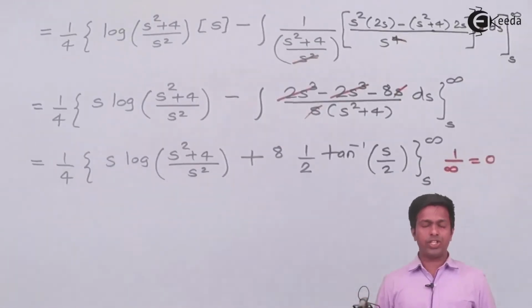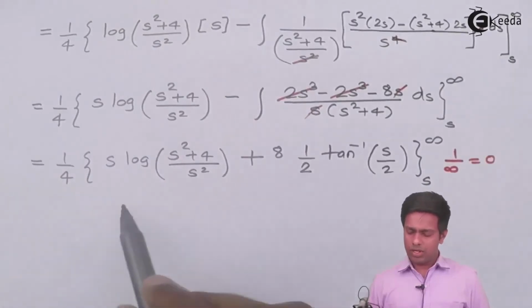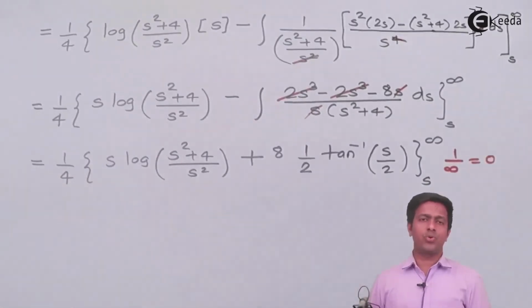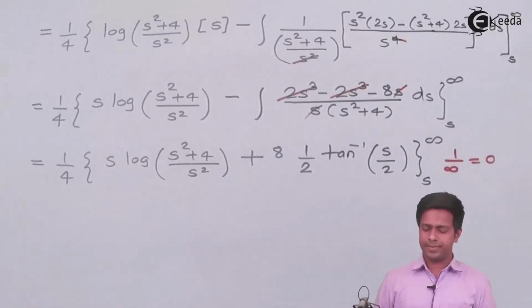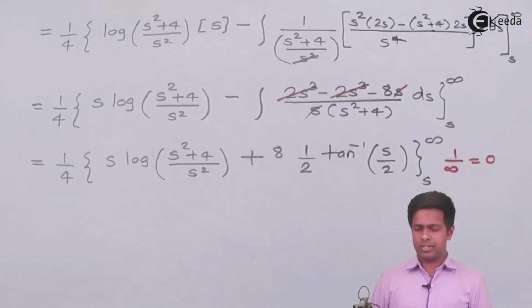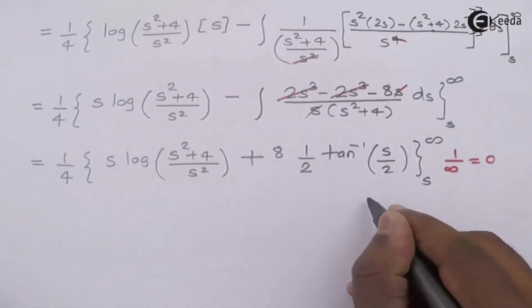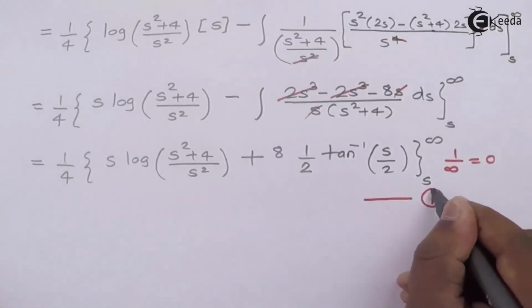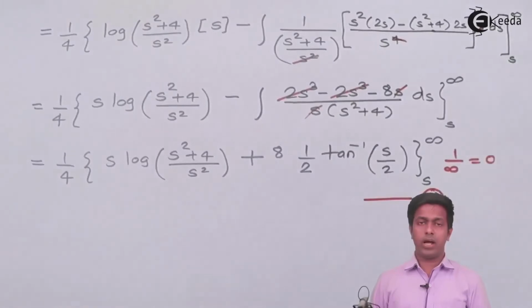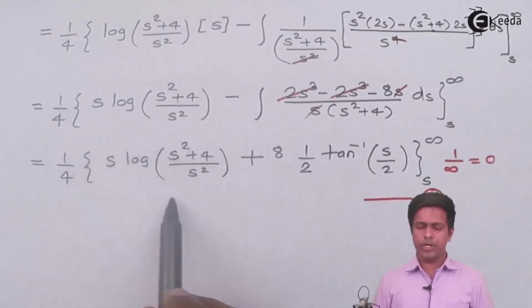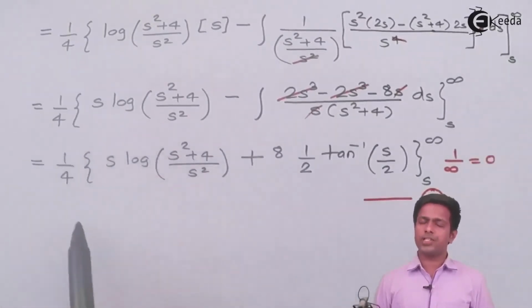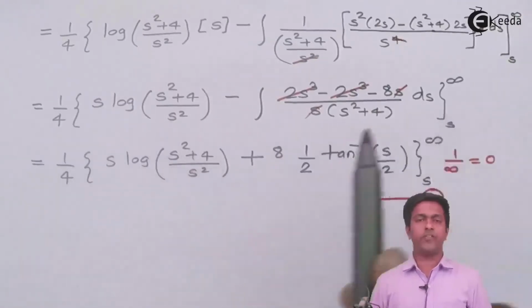So guys, the question is how to remove that infinity from here. To do that, I'm going to use the indeterminate form properties. So guys, what I'll do is I stop here. I'll call this equation number 1, and we will move ahead with this first term only, and we will find out its value at s equal to infinity.